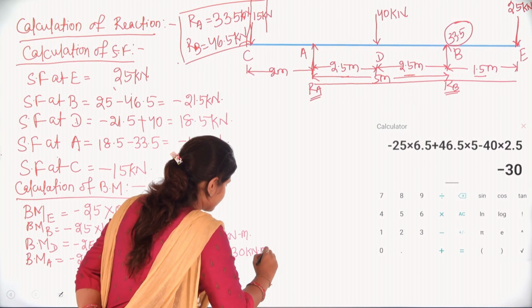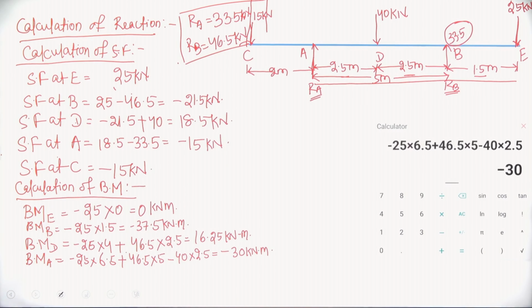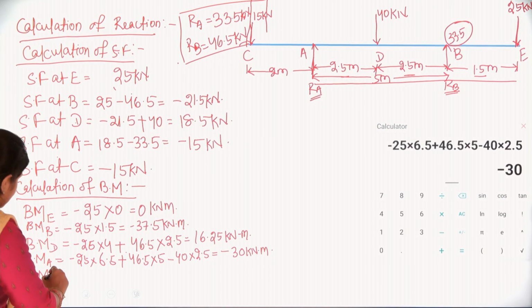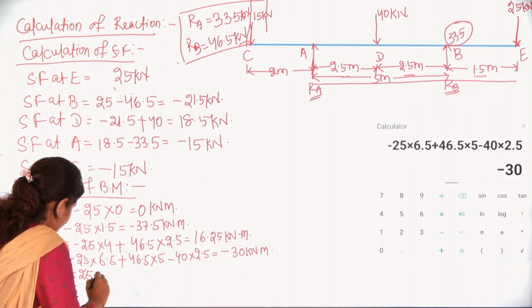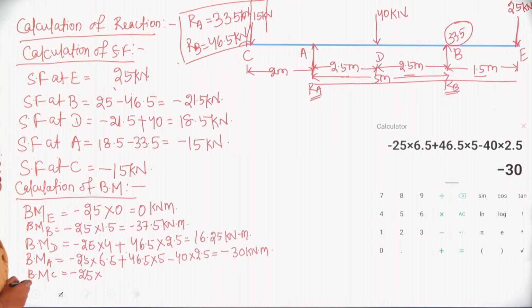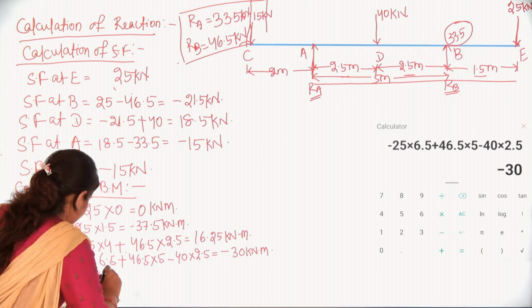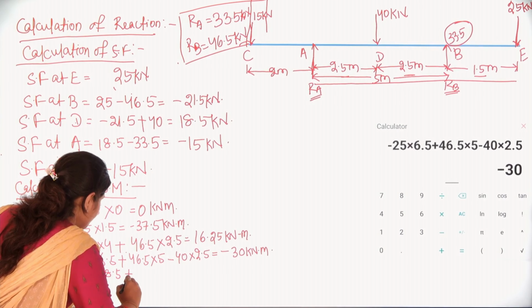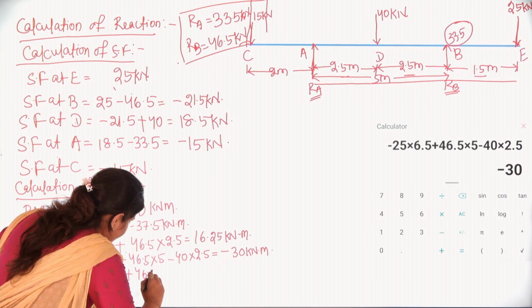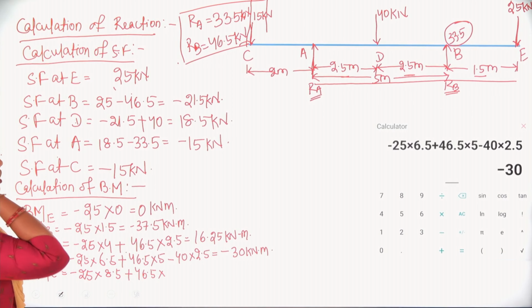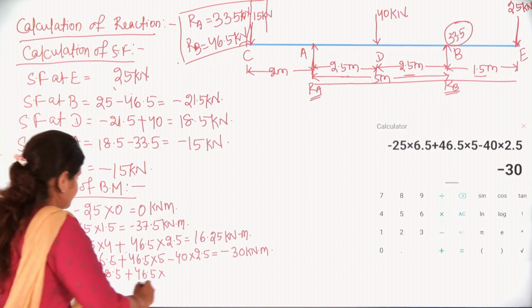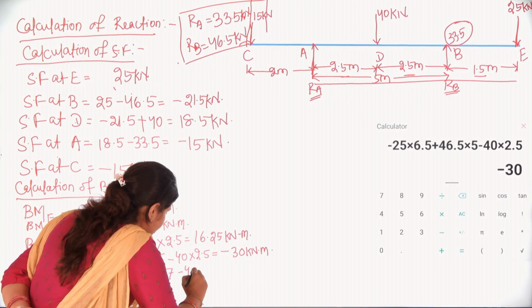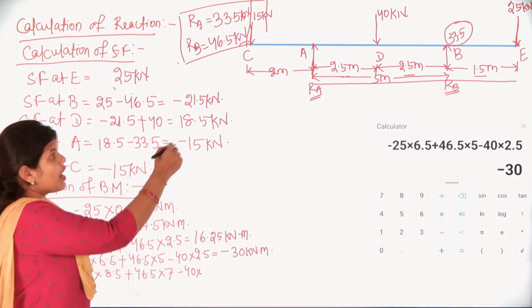kilonewton into meter. Okay. Now, the last one, that is bending moment at C. So, same like minus 25 into the whole distance, that is 5 plus 2, 7 plus 1.5, 8.5 plus 46.5 will be multiplied with 5 plus 2, 7, minus 40 into 2.5 and 2 meter.